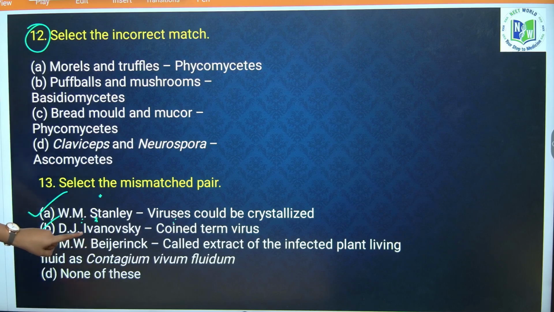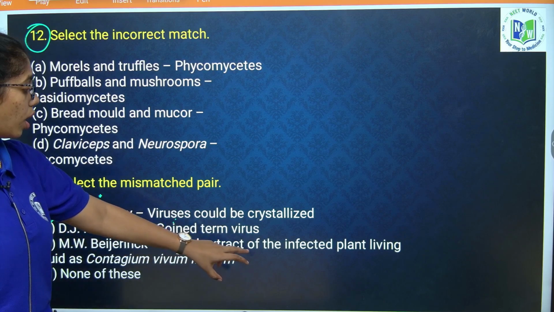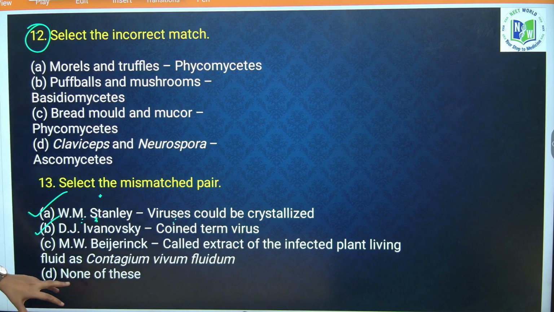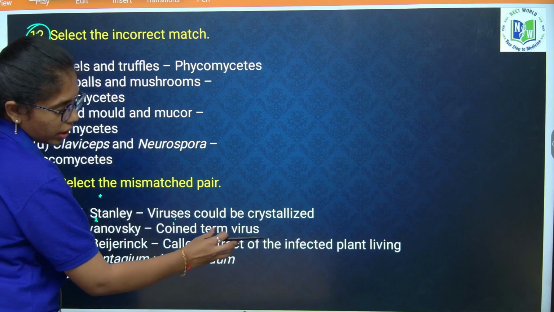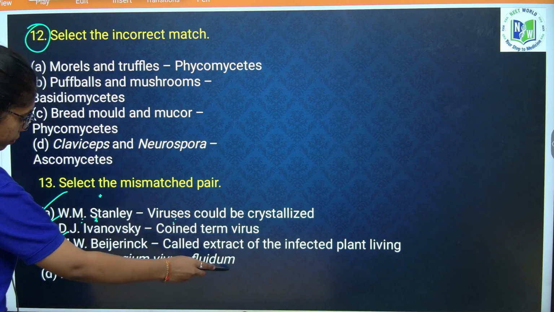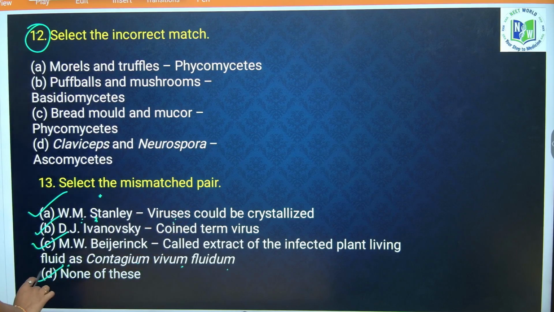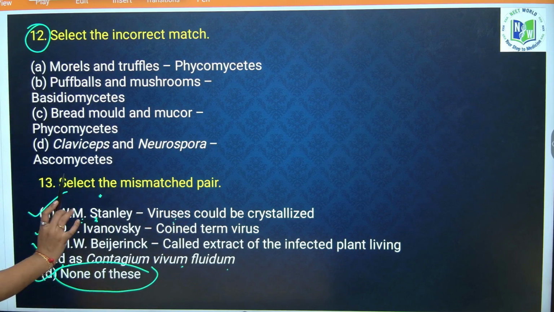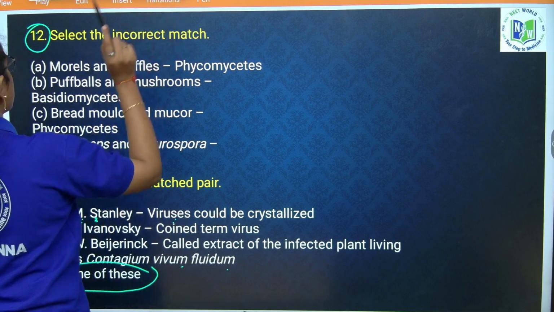M.W. Beijerinck called the extract of infected plants contagium vivum fluidum, true. He called the infected plant's fluid contagium vivum fluidum, true. D, none of the above. Option D is correct because all the above statements are true.